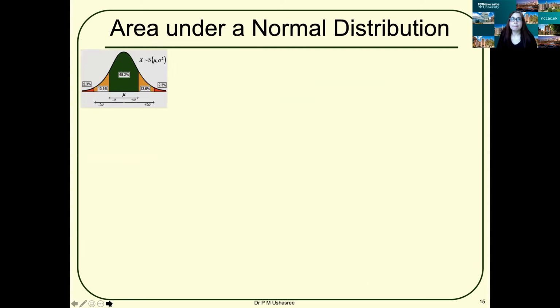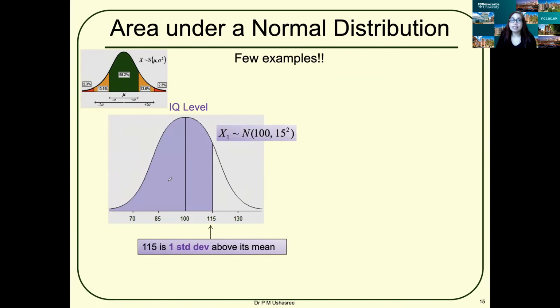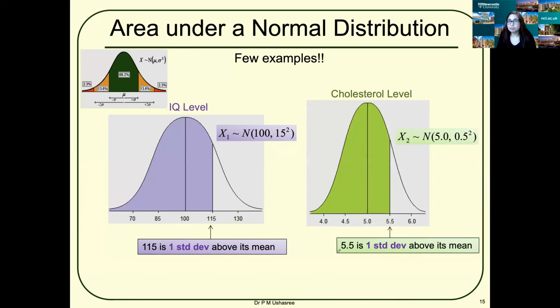Now, using this understanding, we can compare two entirely different examples, like categories such as IQ level and cholesterol level. They are completely different examples, but the area under the two curves is equal.